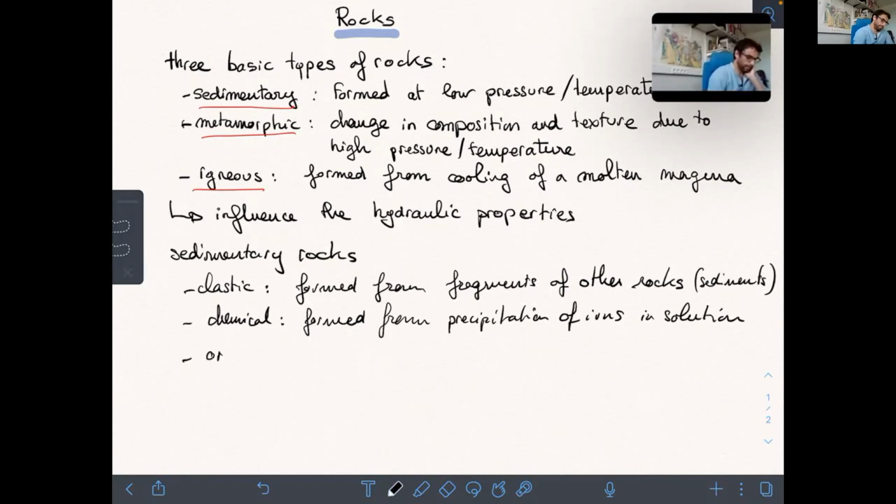And they could be organic. So in that case, they are formed from dead microorganisms. Okay.